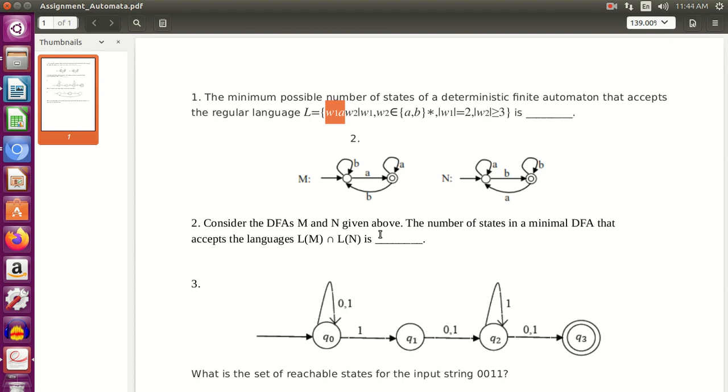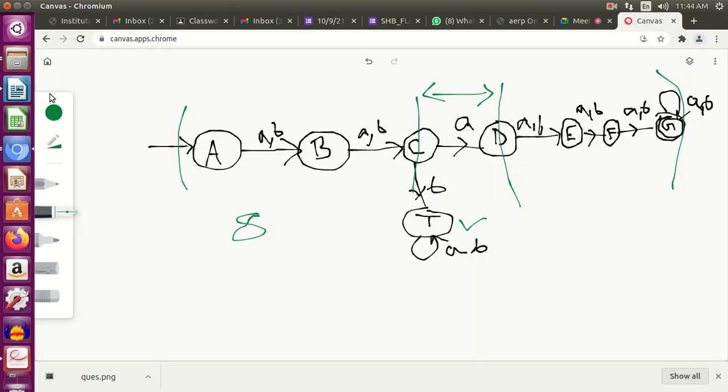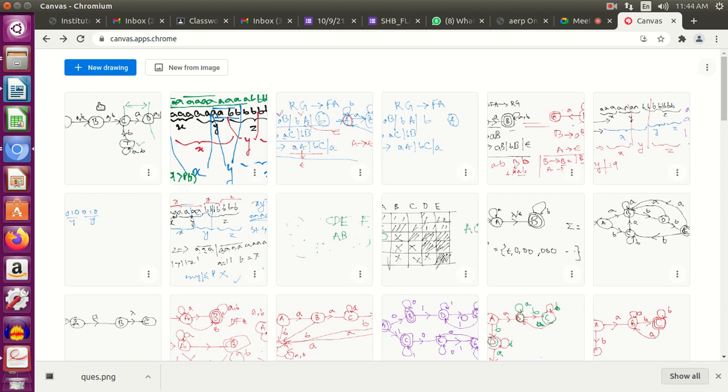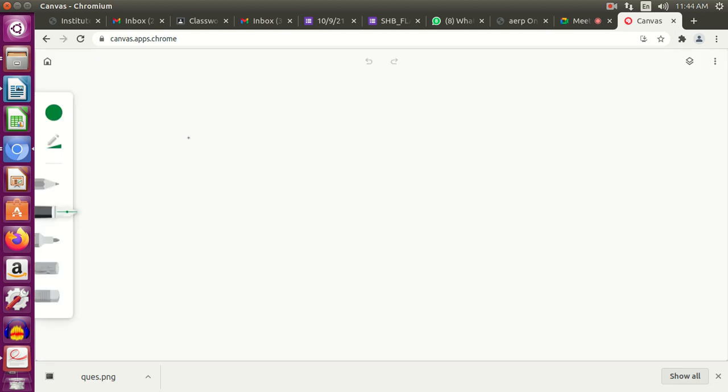So if such a question comes and you are asked to construct a DFA and state the minimum number of states, then simply what you need to do is, since you are asked to draw a DFA, you must draw a DFA. So here's your DFA.